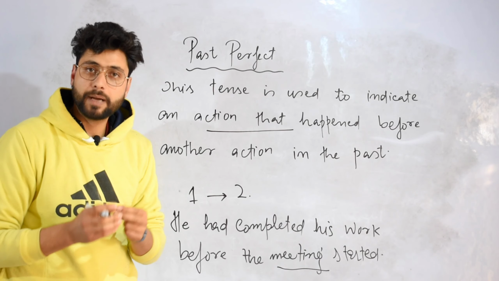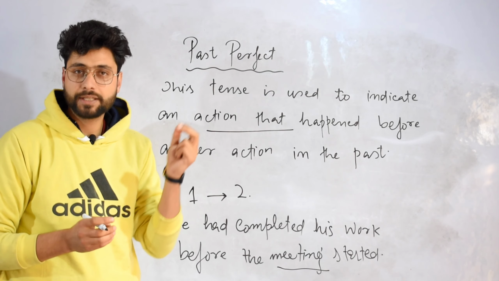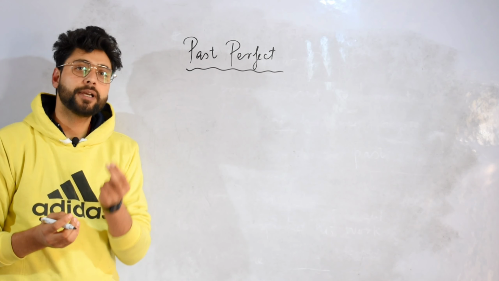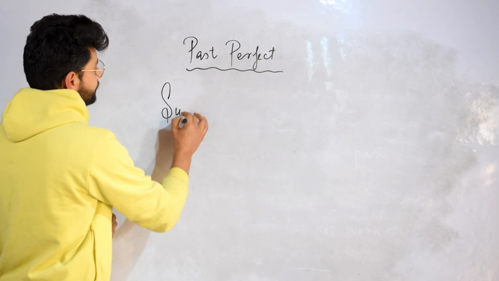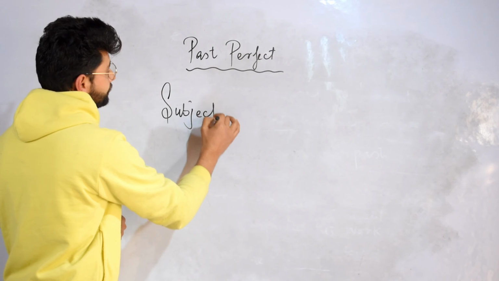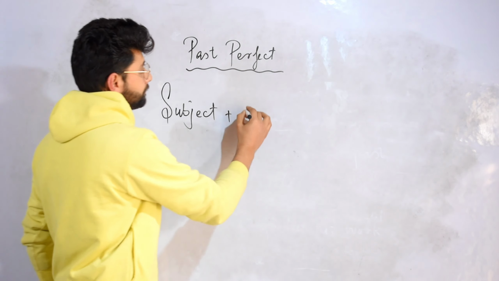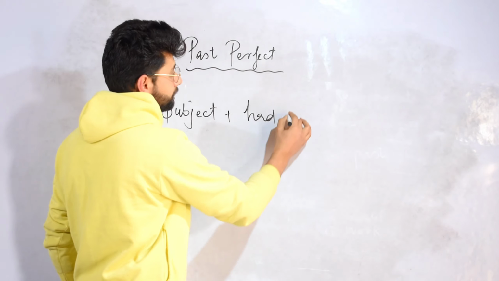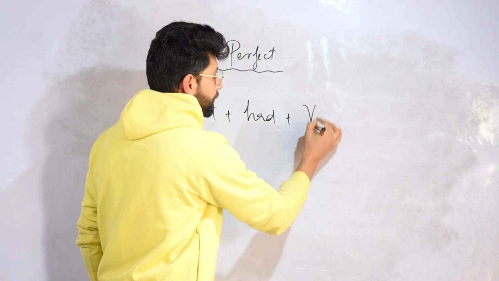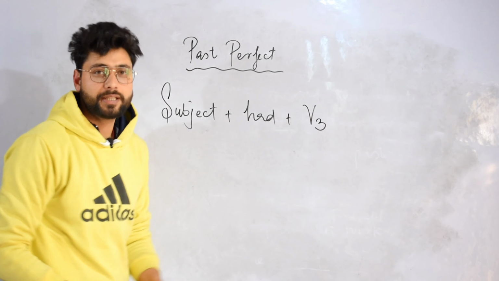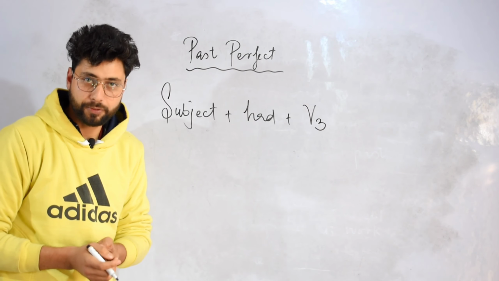Now we will talk about the format of past perfect. The format of past perfect is subject plus had plus third form of verb, or we can say past participle.